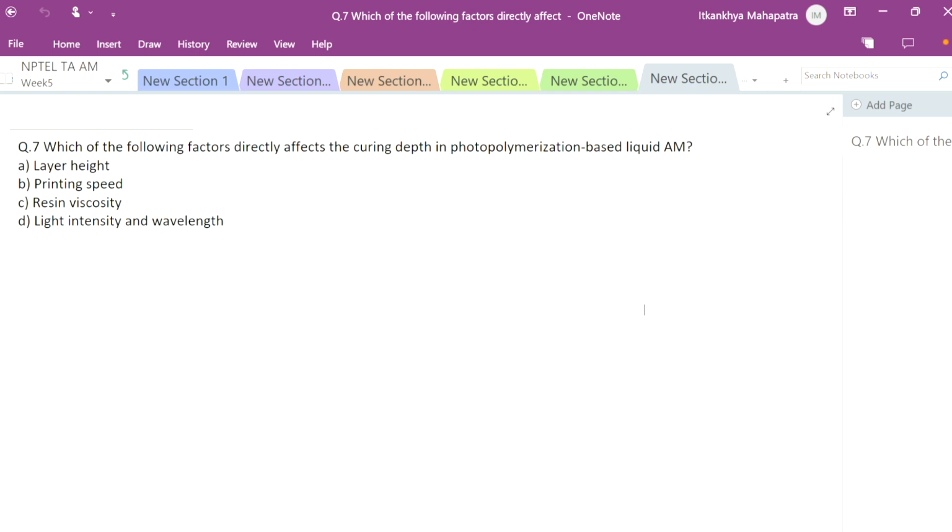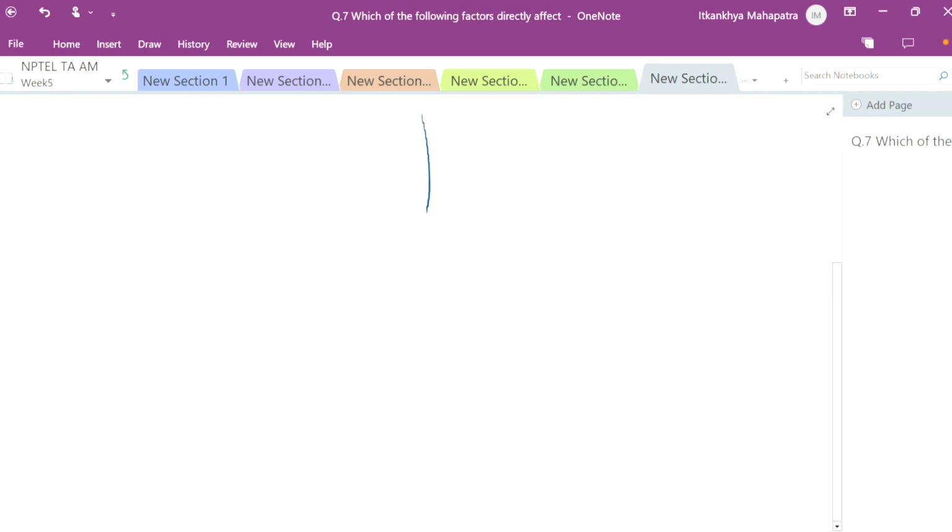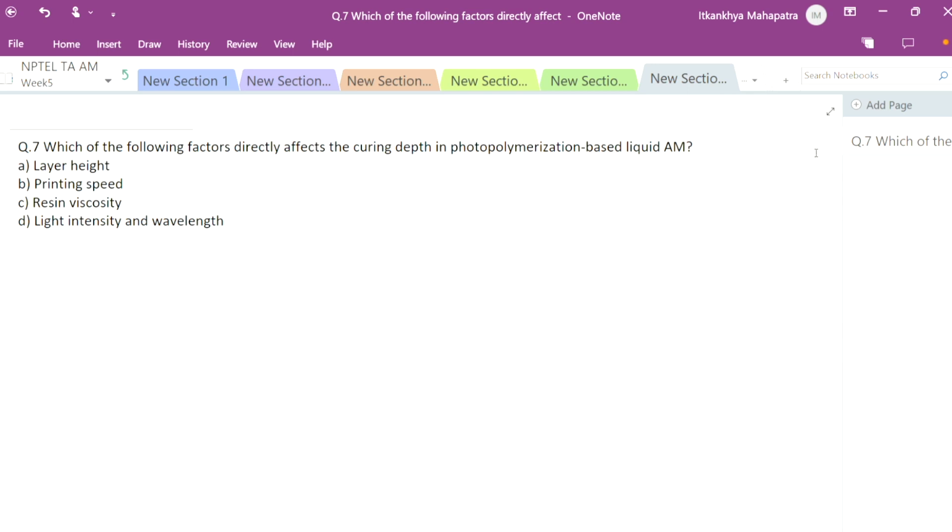Okay, which of the following factors directly affects the curing depth in photopolymerization based liquid additive manufacturing? So, before we start, curing depth is related to penetration. There is a formula which we'll also discuss.